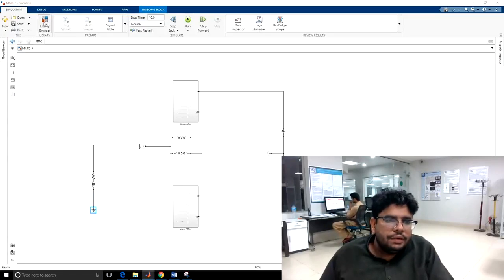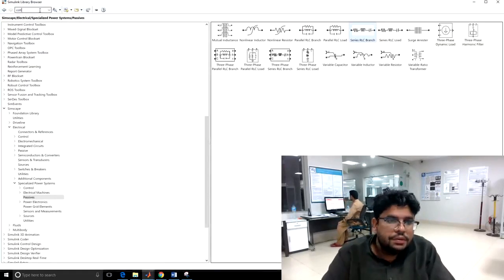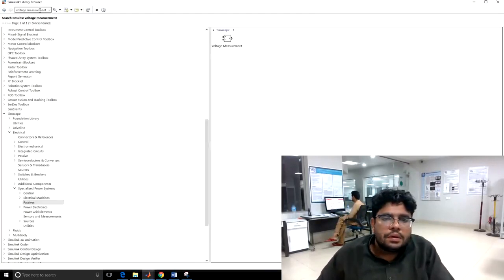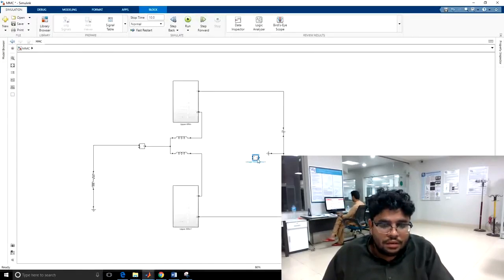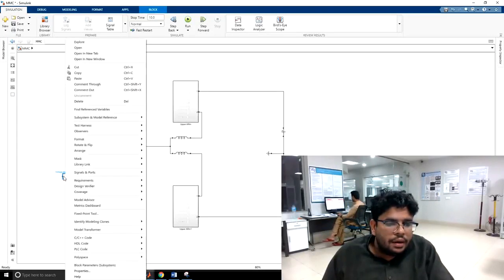Alright, we also need one voltage measurement. And then rotate, and then flip it. Flip it.